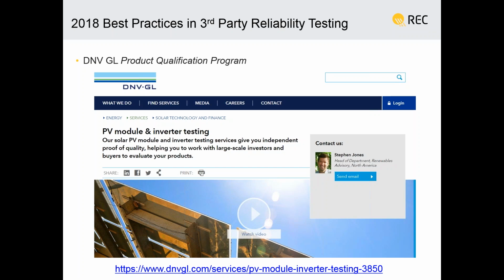But specific to the solar space, they literally have a program that they've developed called the Product Qualification Program. That's not trademarked because that would be considered a fairly standard way to understand how to develop a suite of tests to determine how good and how reliable a product is, whether it's a solar module or anything else. So product qualification process, product qualification program.